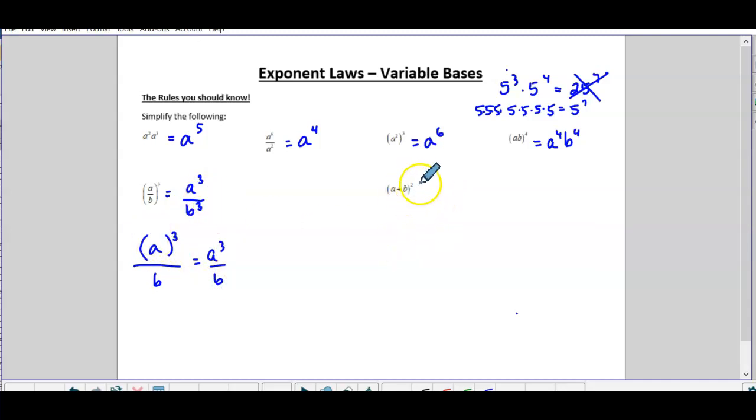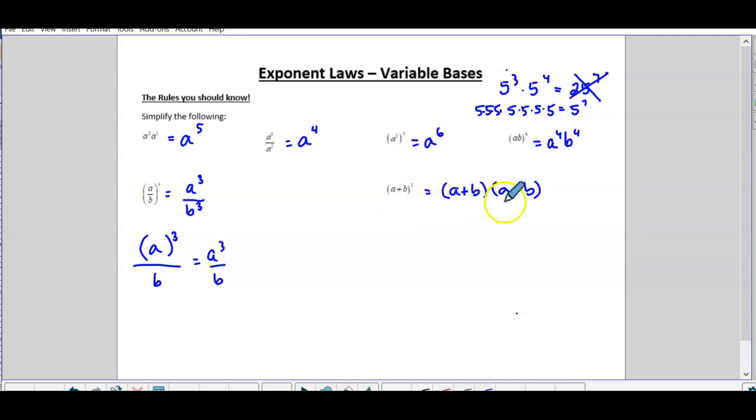This one, notice, this is different from something like this. This was a product in the brackets. This is a sum. So for sum or difference, that's where you actually have to show it the long way. Well, there's a fast way of doing this, but that's really what that means.